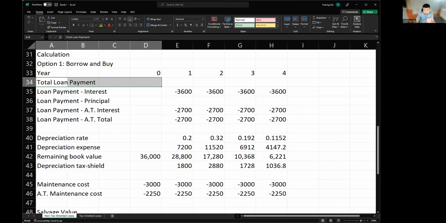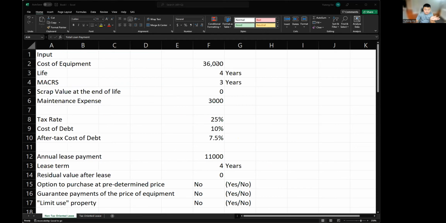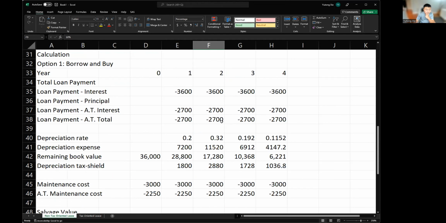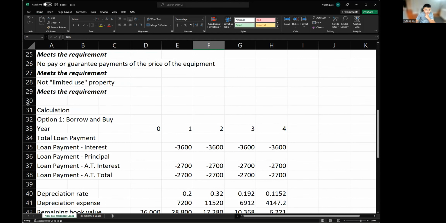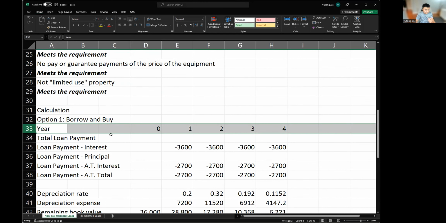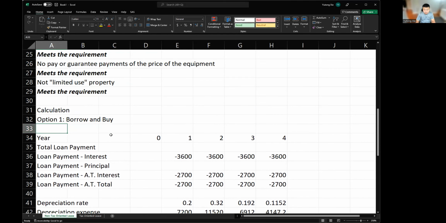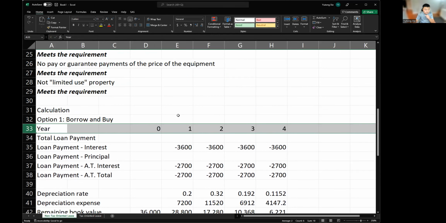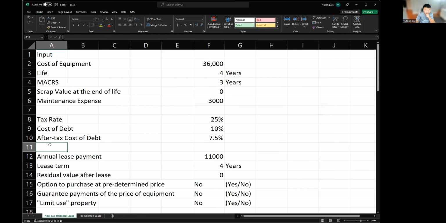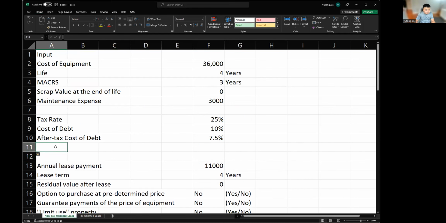To figure out the total loan payment, how do we do it? If it's an amortizing loan and the present value is $36,000, the loan is going to last 4 years, and the cost of debt is 10%, you can use the present value formula, right? The way I want to do it is to have another row, and I'll call it loan payment, in the input section, below the after-tax cost of debt.